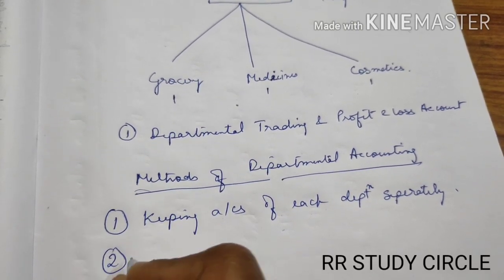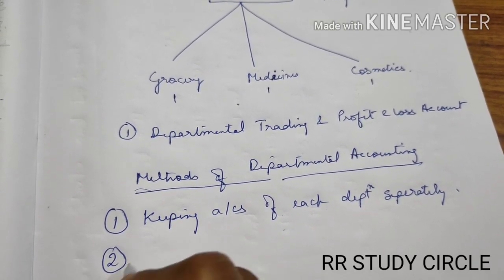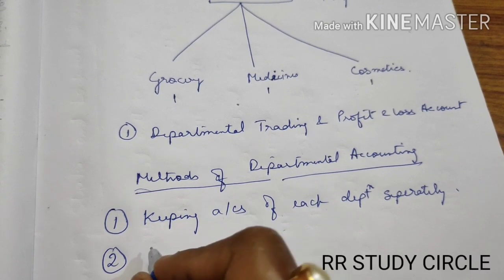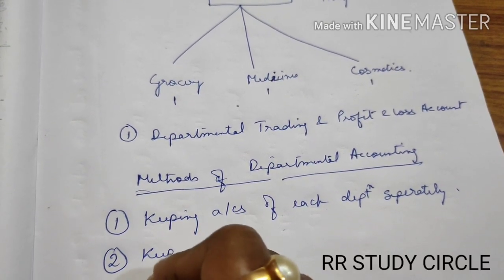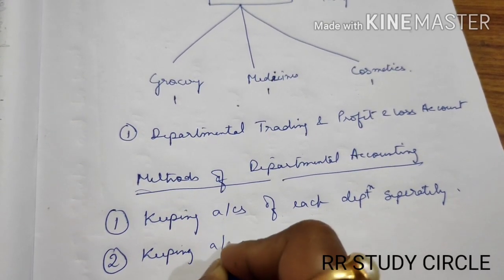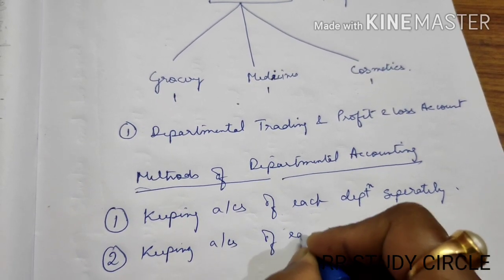Now the second way is keeping accounts of each department in columnar system.